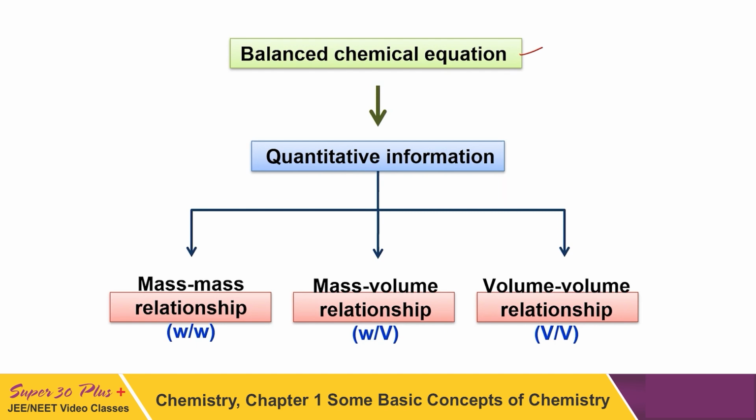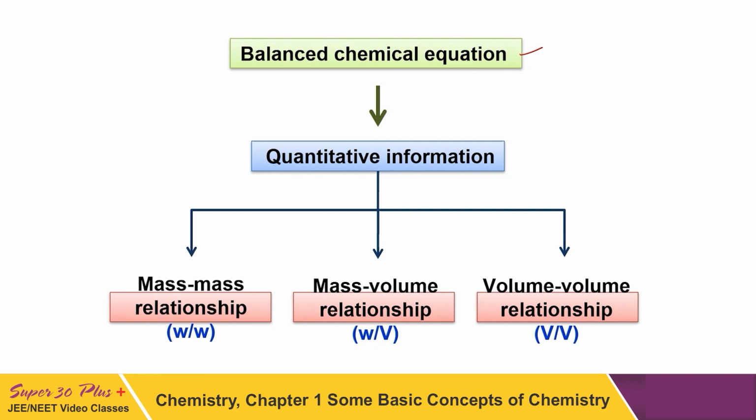You know, guys, what is qualitative? Qualitative is the content and quantitative is the amount. So basically it gives you the information of amount. How much amount of reactant is being consumed? How much amount of product is being formed? So stoichiometry is all about quantitative information, quantity, not quality.